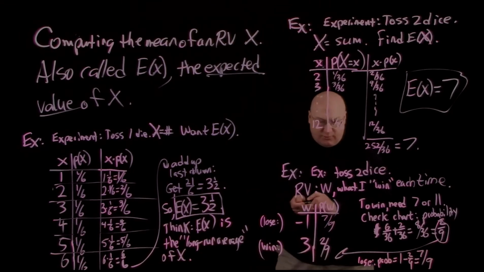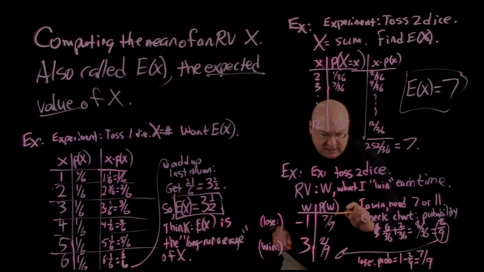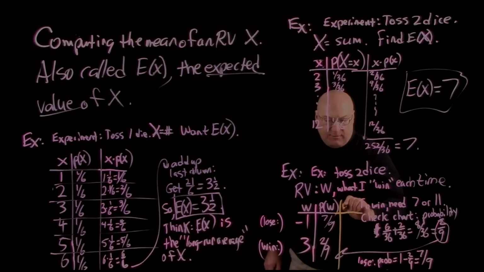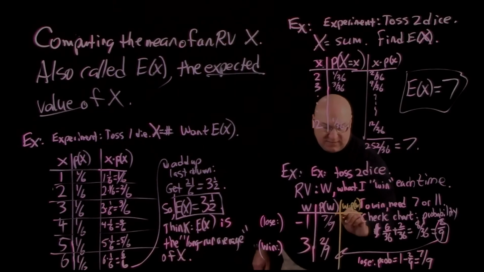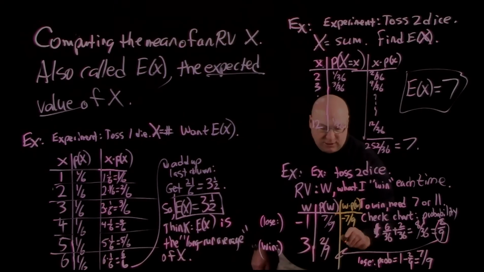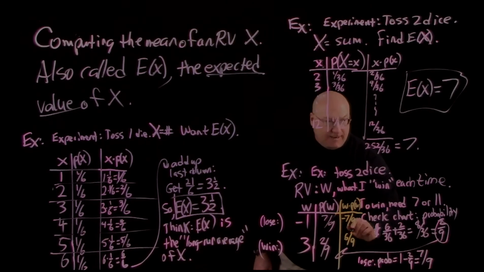Expected value, I've kind of run out of room here. I'm going to change color just to have the contrast so that you can still see what I'm doing. So I'm going to take W times P of W, just like I did in these other 2 examples. When I take a -1 times 7/9, I get -7/9. When I take 3 times 2/9, I get 6/9. Then I'm going to add them up, right?